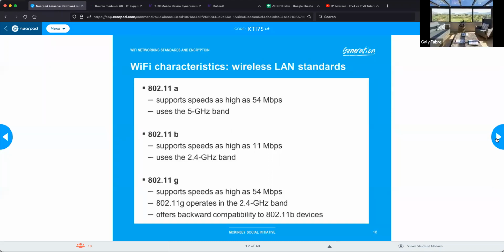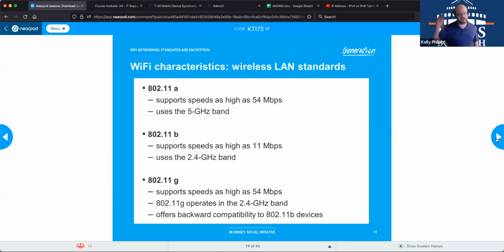So many of you may be looking at this and saying, okay, 802.11b, why would they go down in speed? We already were at 54. Well, these technologies were developed by different companies, and the A, B, C rating was based upon when the patents were submitted to the IEEE.